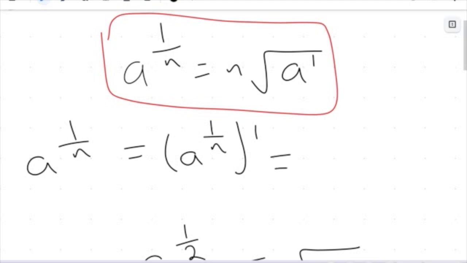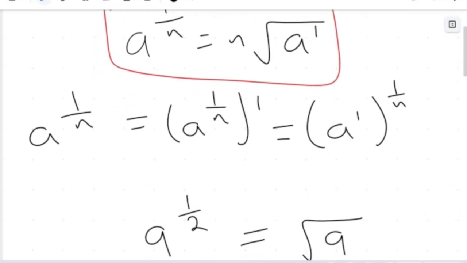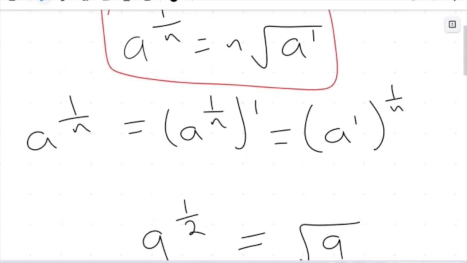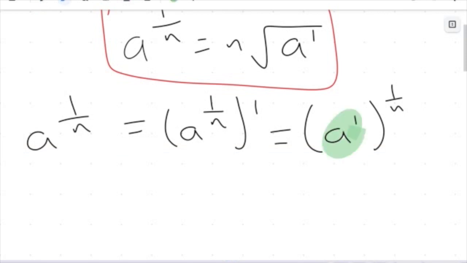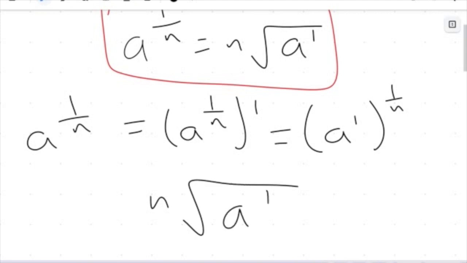And that gives me also a to the power of 1, to the power of 1 over n, which I can now also write as taking this entire expression to the power of 1 over n. So I can express this as a surd, the nth root of a to the power of 1. Or, I know a to the power of 1 is just a.